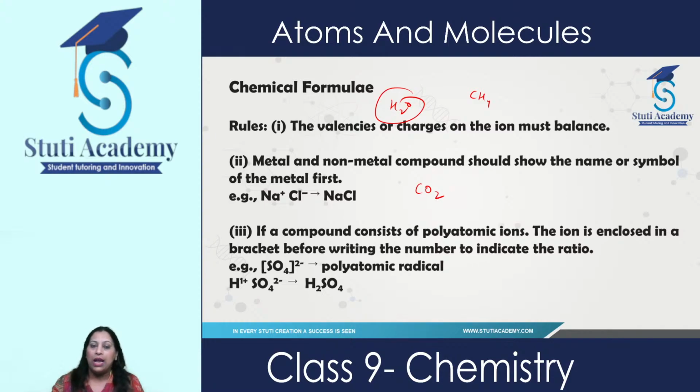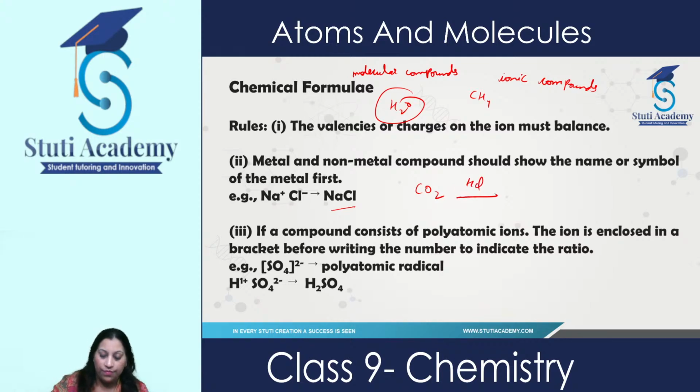First of all, I'll discuss molecular compounds and ionic compounds. There are 2 types of compounds, molecular and ionic. But what is the difference between these 2 types? Molecular compounds are those formed by the sharing of electrons, for example HCl.